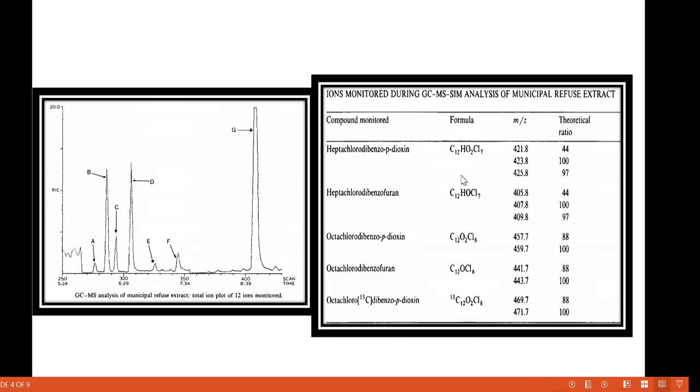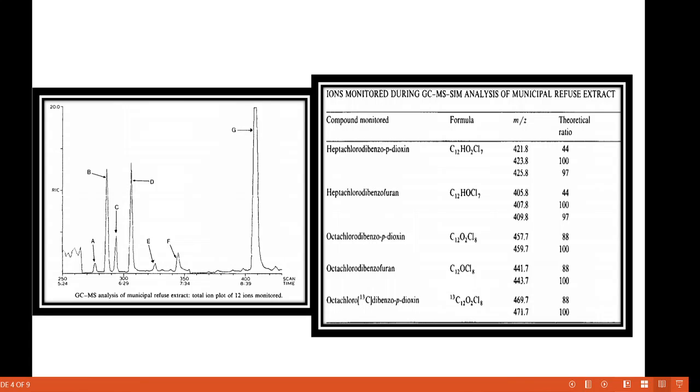Three of the principal ions in the mass spectra of these isomers were previously determined from the analysis of the pure standard at 422, 424 and 426 m/z, with relative abundances 44, 100 and 97. These three m/z values were among the 12 chosen for the selected ion monitoring analysis.